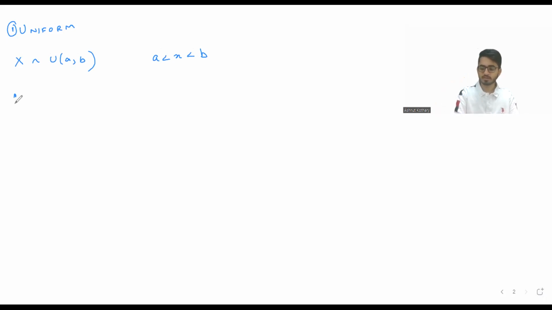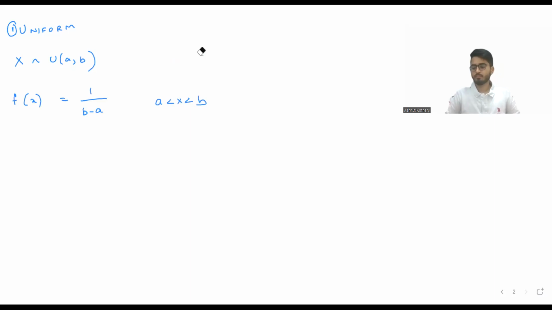And the PDF of this is nothing but 1 divided by B minus A. So you see that the PDF remains constant irrespective of the value of X. And the range, the values which X can take is between A to B.